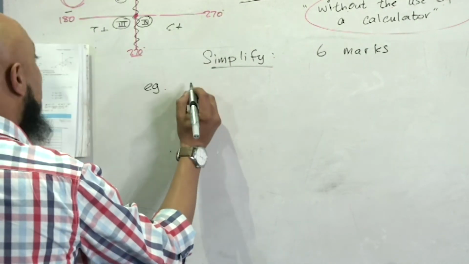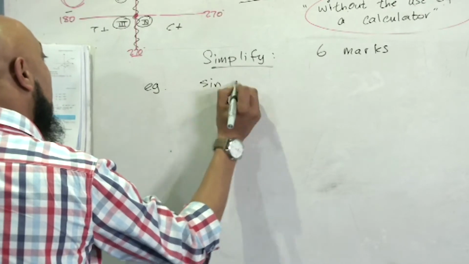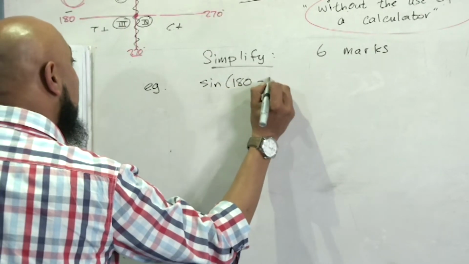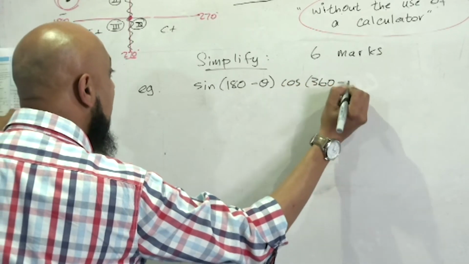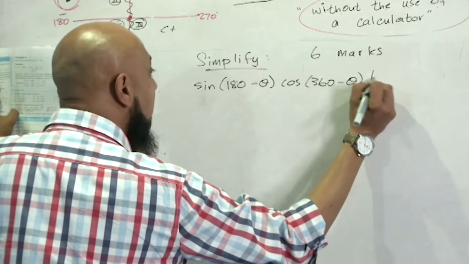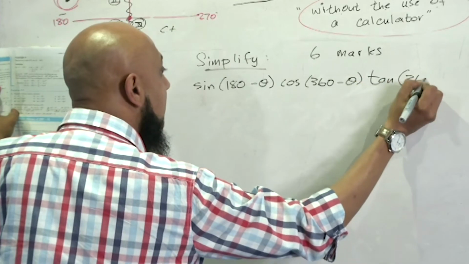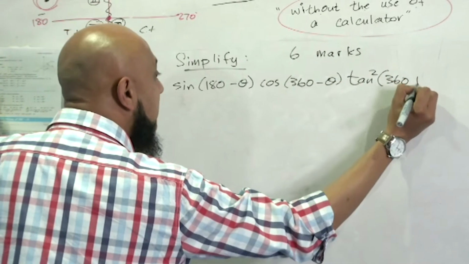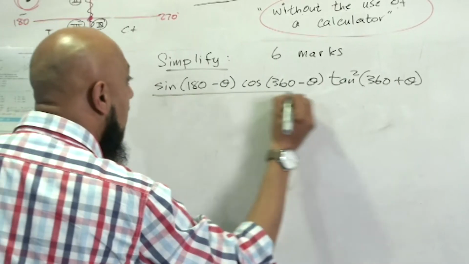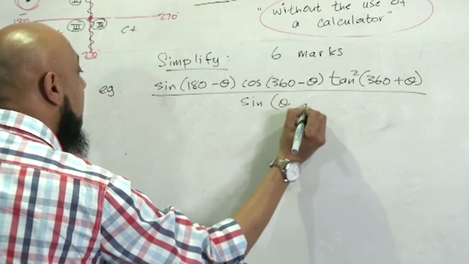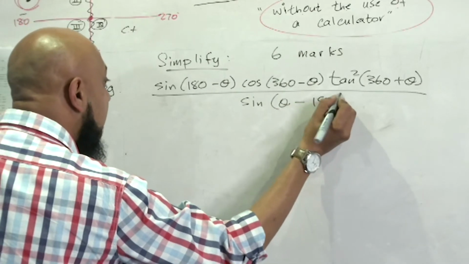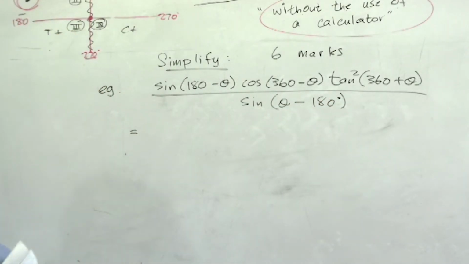Okay, so they tell you sine of 180 minus theta, cos of 360 minus theta, tan of 360, tan squared of 360 plus theta, over sine of theta minus 180 degrees. Now it's worth 6 marks. We need to simplify it.